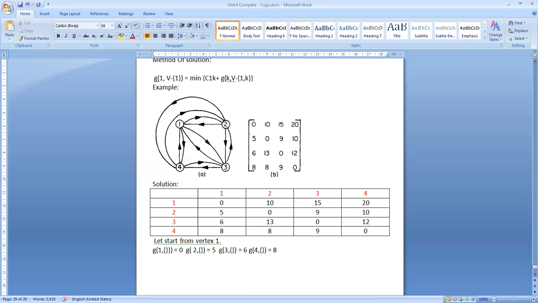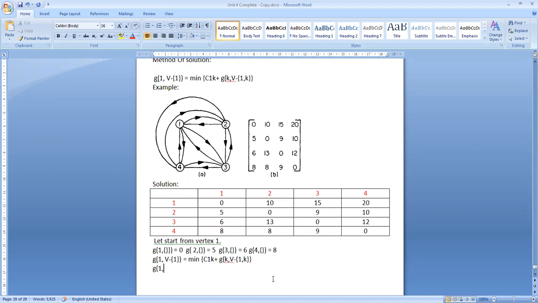Now I expand this expression. This is nothing but g of 1 comma {2, 3, 4}: start from vertex 1, visit all the remaining vertices. In this graph, what are the vertices given? 1, 2, 3, 4.